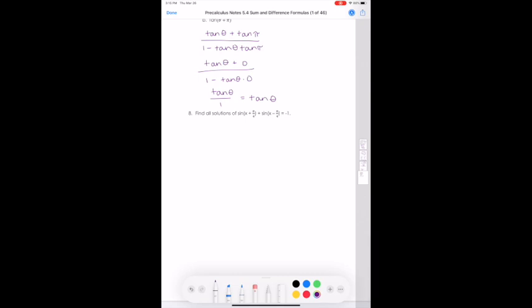Alright, last one. Find all solutions of this, and I should have put in the interval 0 to 2 pi, so we're not having to do the 2 pi in or anything like that. But I am first using the sum formula for sine. Okay, and then adding to that the difference formula for sine.